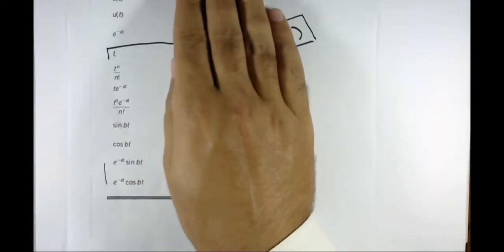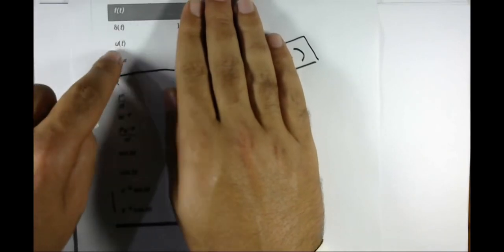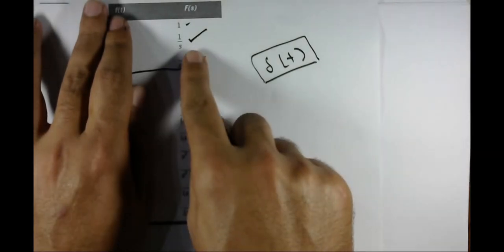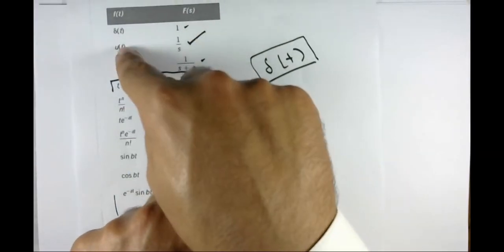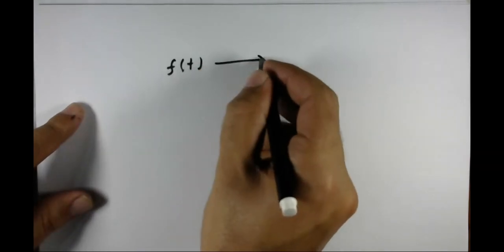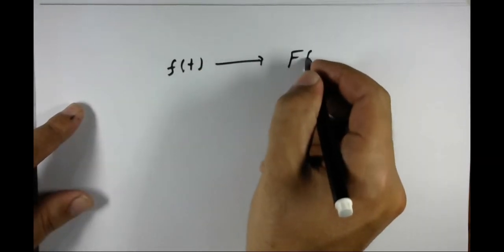Now what will happen? In the previous lecture we were given these things, and we found these things. What if I give you this thing and you find this thing? So let me write it: before, you were given f of t and what you found is f of s.